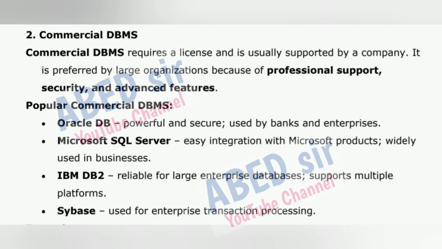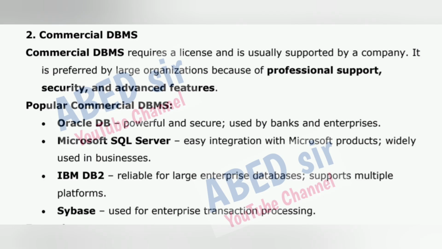Popular commercial DBMS. Oracle DB, powerful and secure. Used by banks and enterprises. Microsoft SQL Server, easy integration with Microsoft products, widely used in businesses. IBM DB2, reliable for large enterprise databases, supports multiple platforms.